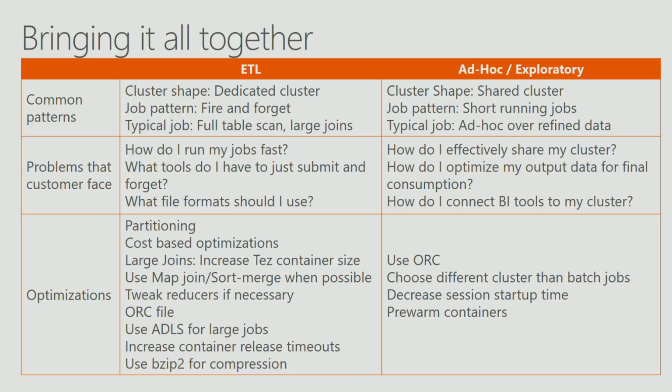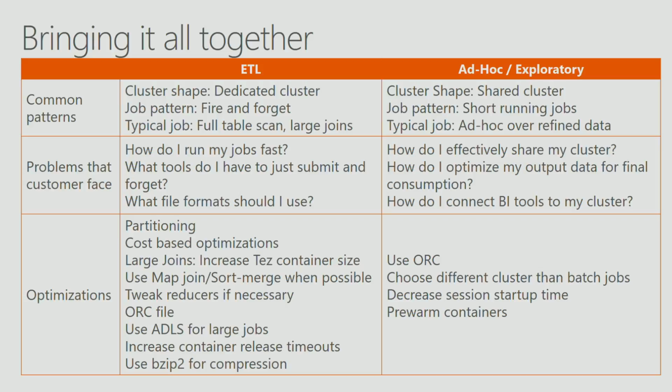You should increase the Tez container size if needed for large joins, because that will also increase the Java heap size. You should try to use map join or sort merge join. You should tweak the reducers when necessary. You should use ORC file. You should use Azure Data Lake Store. And you should use bzip2 for compression. So these are good for long-running jobs.